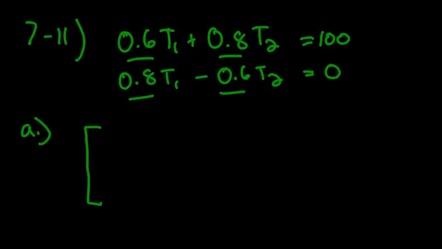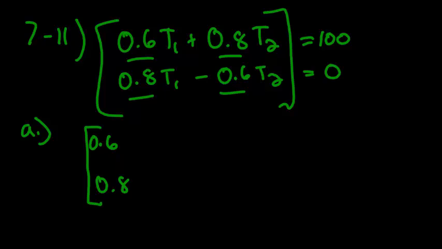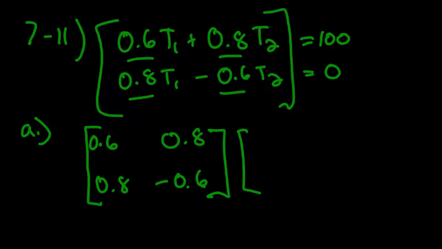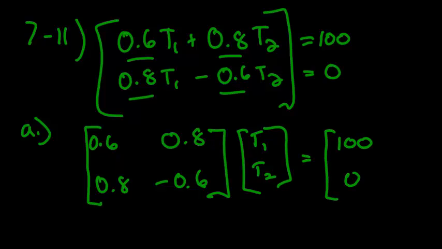We would take the coefficients, and we would just generate a matrix that you would see around here, but without the variable T. So we would have 0.6, 0.8, 0.8, and negative 0.6. And the variables for this are T1 and T2. And this is equal to 100 and 0.